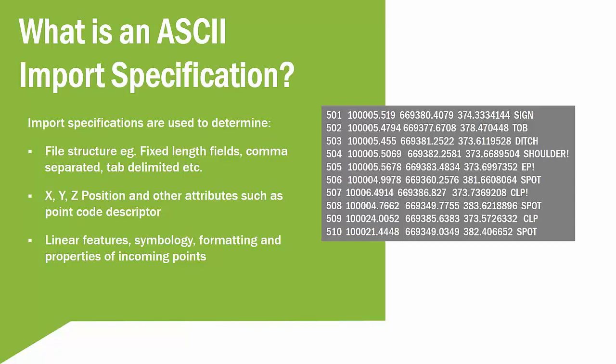It also tells the software about any linear features. It ties codes to each particular point. So it's important to know how this import specification file works so that you can read in your data correctly. And once you have an import specification that works for your data format, you can just use it all the time.